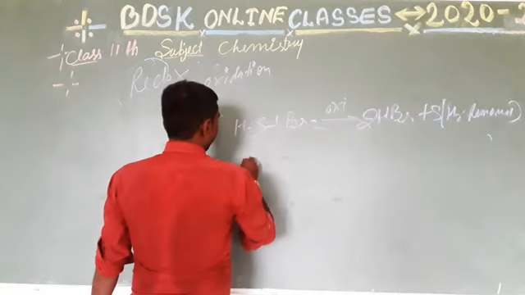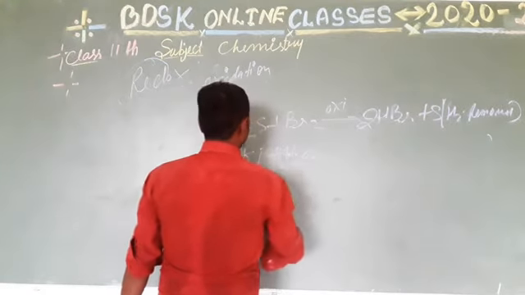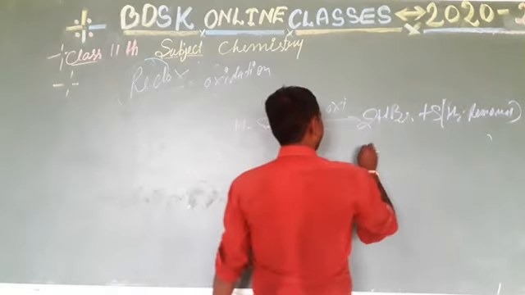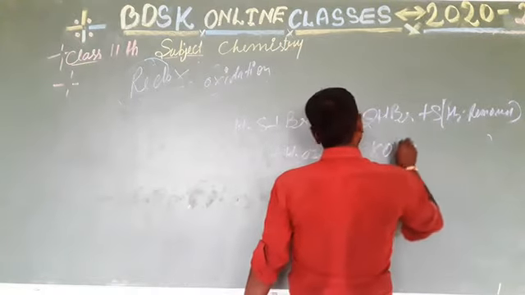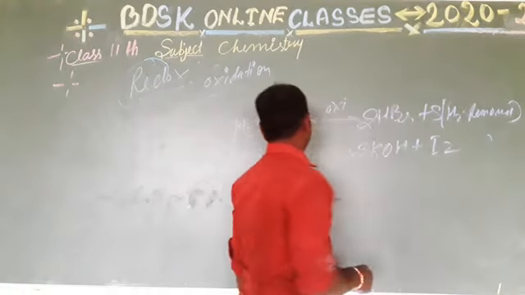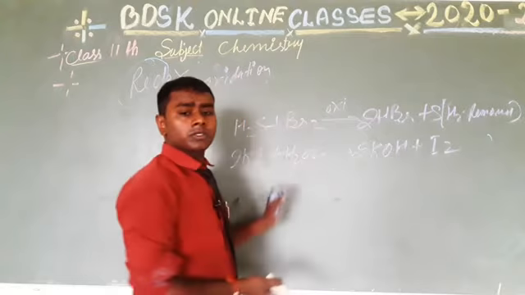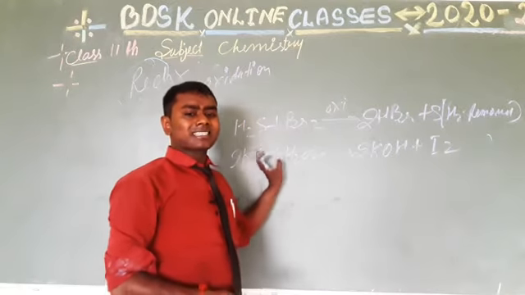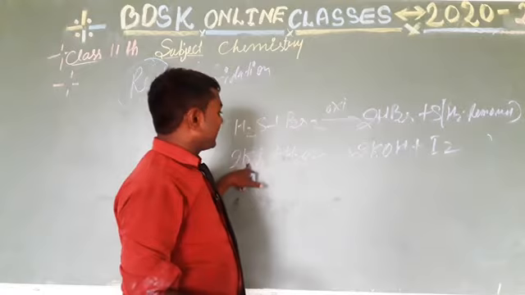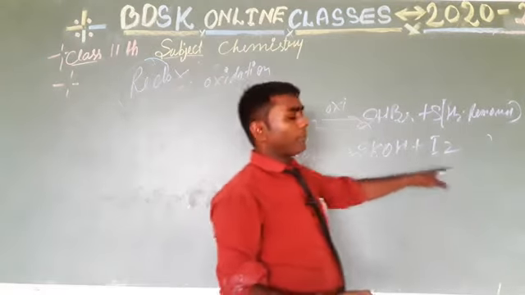So we have potassium iodide that undergoes reaction with hydrogen peroxide, it forms 2KOH plus I2. So you can see that from this compound K is removed from KI and from I2.